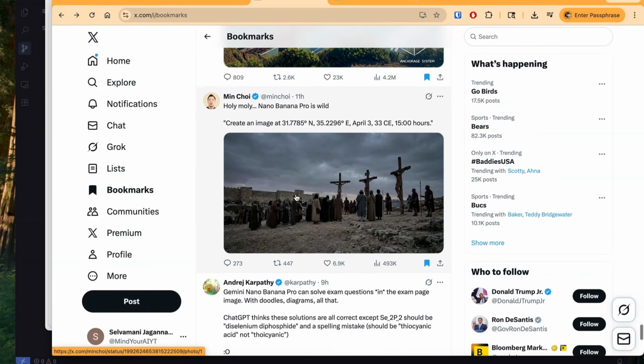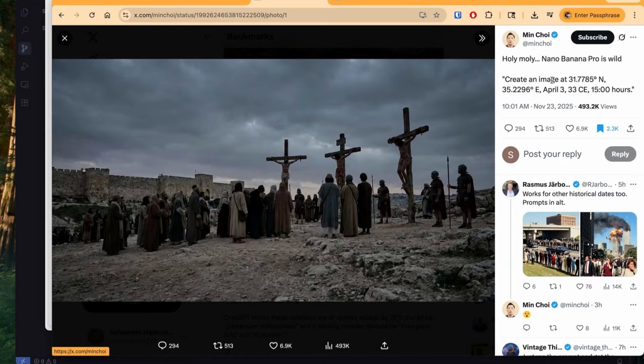It's amazing. You could actually enter a GPS coordinate and a time, an hour, and Nano Banana Pro takes you to that time. So for people that don't know what this is, Jesus Christ and the other two thieves that were crucified along with him, and it is believed to be the state.